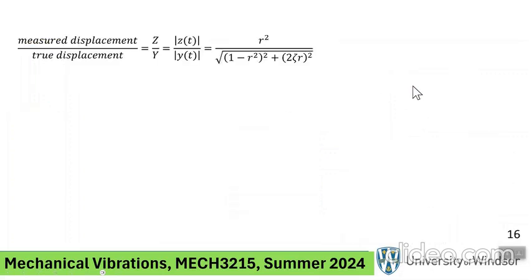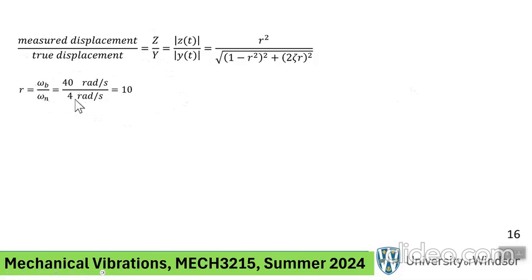So remember, for seismometer, measured displacement over true displacement. We don't know the true displacement, but we know the measured displacement. This big Z is 4. We're going to use it later on, okay? And now we are told that the thing that's moving harmonically is 40 rad per second.